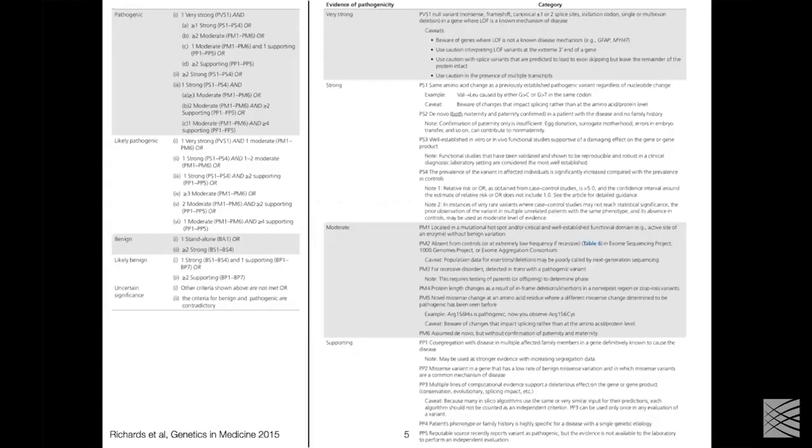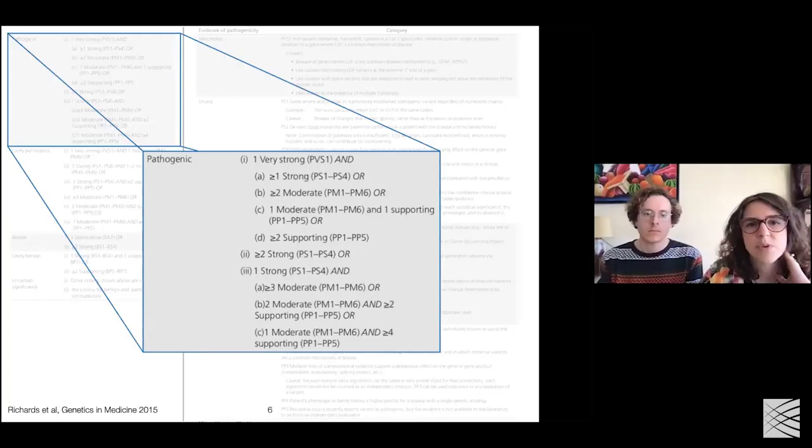So this is a bird's eye view of the ACMG criteria. Obviously, I don't expect you to be able to read this, but I wanted to give a broad view of how it works. Let's focus, for example, on how to classify something as pathogenic.